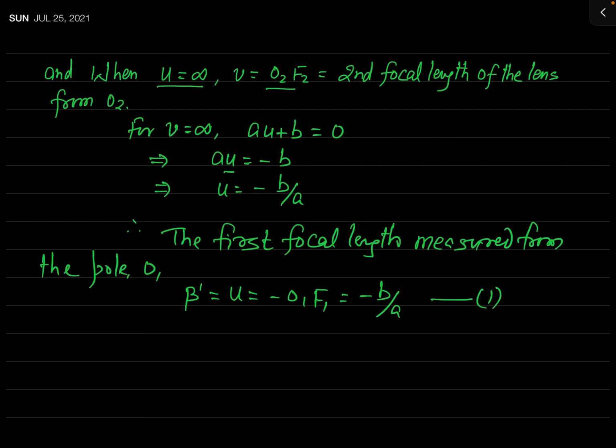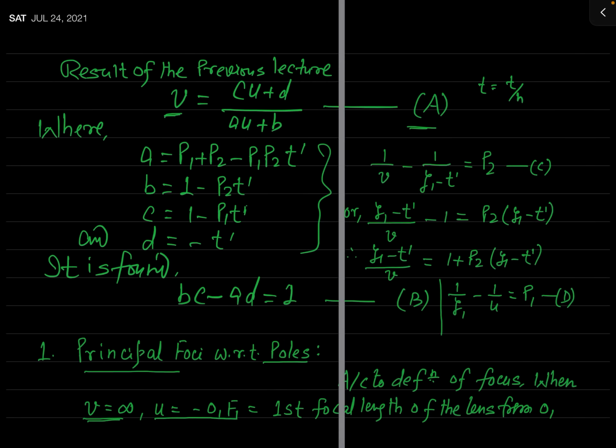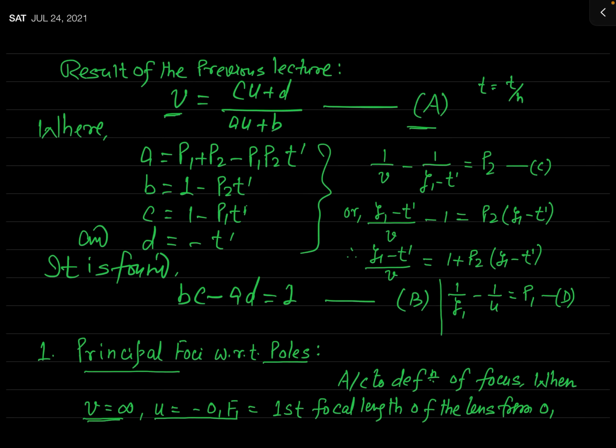And again, according to the definition of the second focal length, we will find the second focal length. According to this definition, when you keep u equal to infinity, then the value of v will be simply the measure of the second focal length. So you can see what will be the value of v when u is infinity. See this result A again.